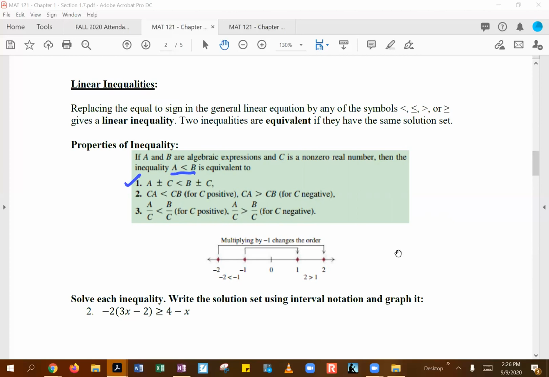Now, if we were looking at multiplying both sides of our inequality, there's going to be a difference over here. If you multiply with a positive number, then your inequality stays the same. This inequality symbol and everything will stay the same. However, if you are multiplying both sides of your inequality by a negative number, you should notice that the direction of your inequality symbol changes.